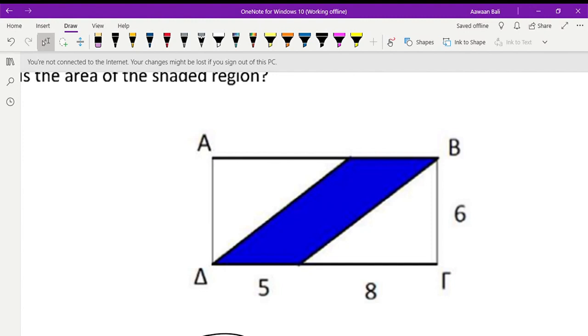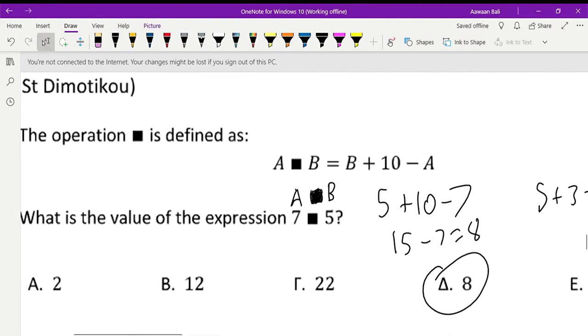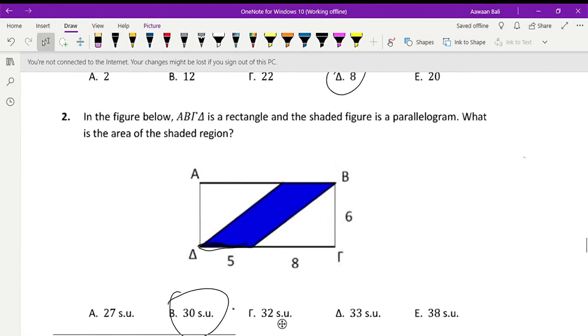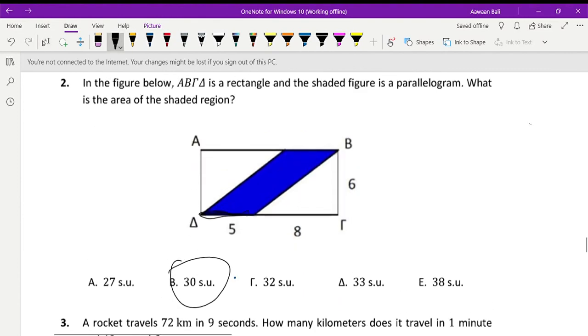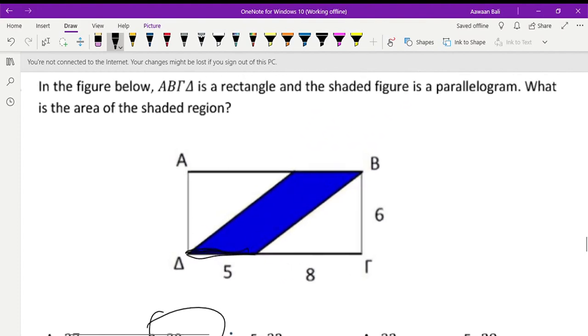So here's the easier way. Since it says the base is 5, and you could say that the height is 6. Yeah, the height is 6. You can just do simply 5 times 6, which is 30. And then you get 30 square units.